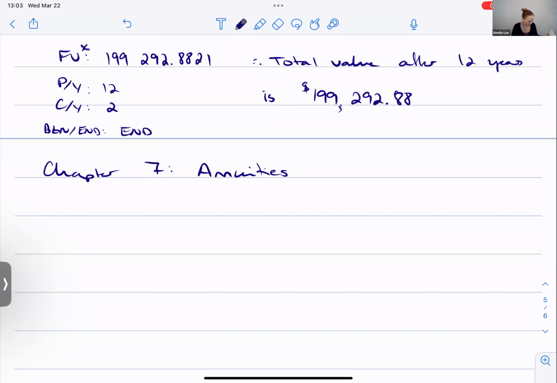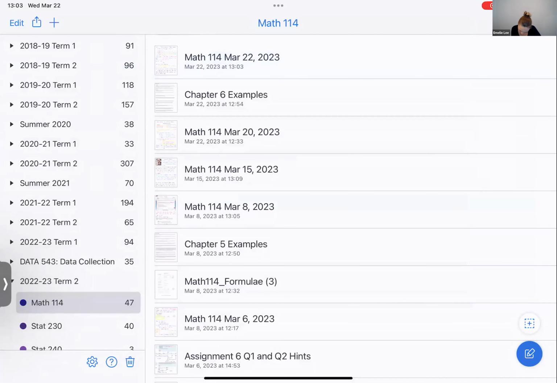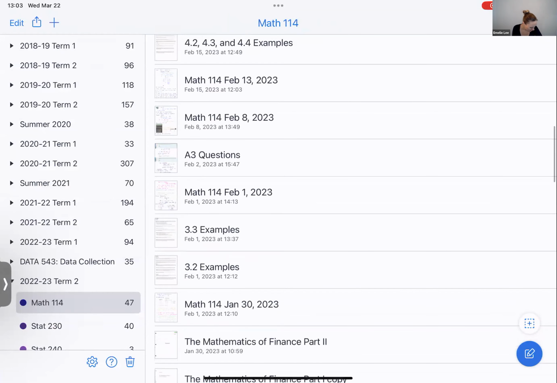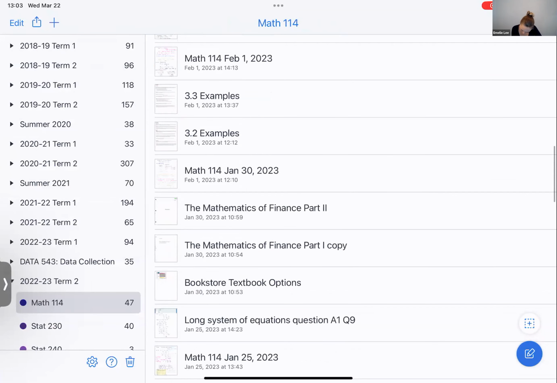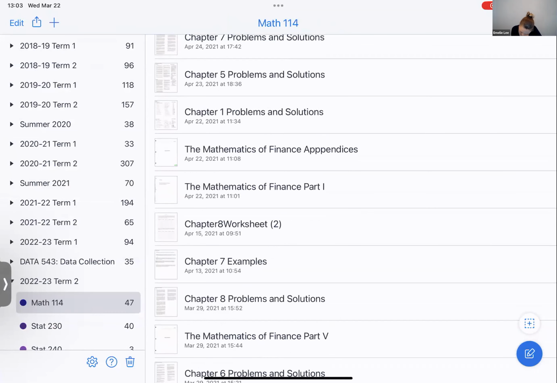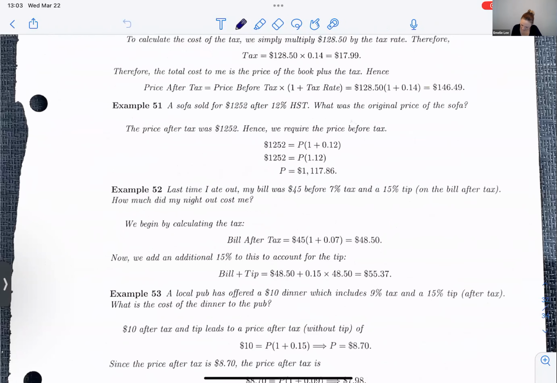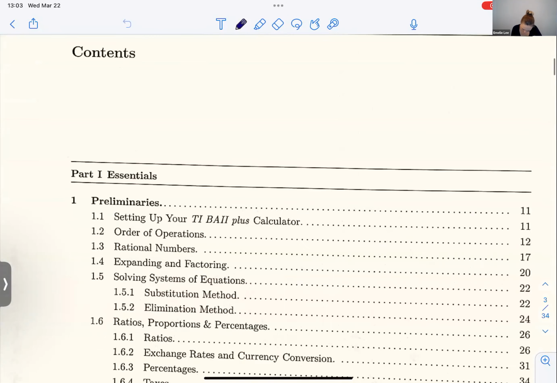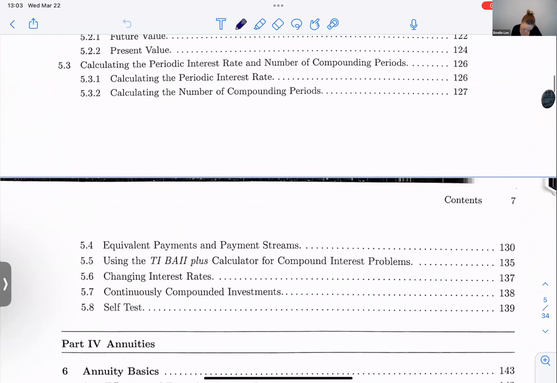7.2. Sorry, let me just flip through here real quick, because I want to know what chapter 7 is called.